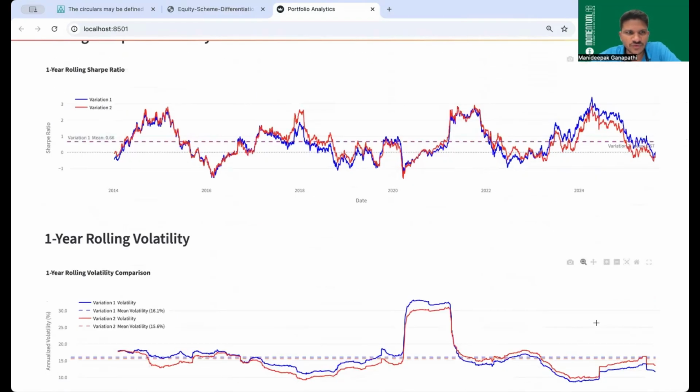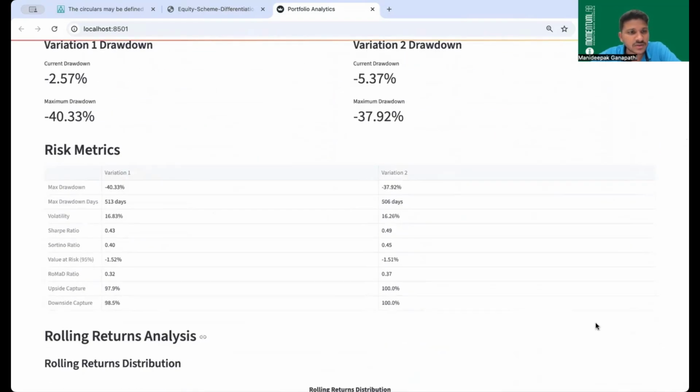Let me show you the max drawdowns. The fund is at minus 40 versus the benchmark max drawdown of minus 37%. So there was a time the fund underperformed, or you're seeing a larger drawdown compared to the benchmark. Volatility is also slightly high.